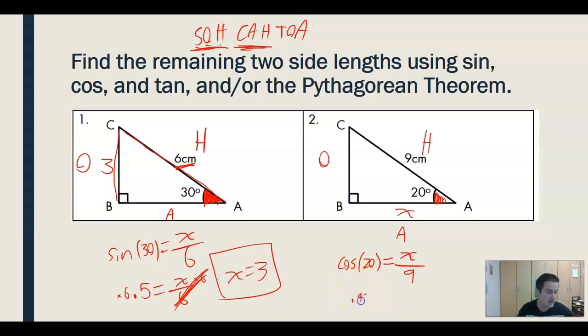It's 0.9397 equals x over 9. Then I'm going to multiply by 9 on both sides, and I'm going to get x equals 8.46. I usually don't round to 2 decimal places till the very end, so I'm as precise as I can. This side is 8.46.